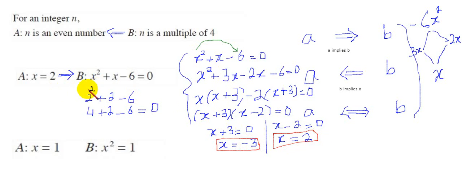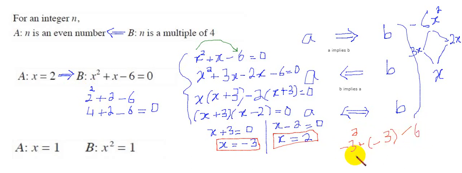So we have seen that plus 2 satisfies the equation. Now let's try negative 3. So if I try negative 3, so negative 3 square plus negative 3 and then minus 6.